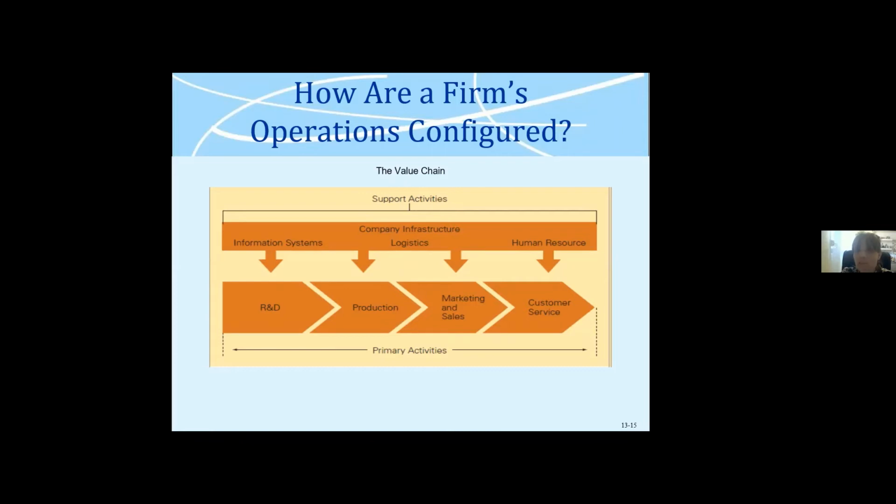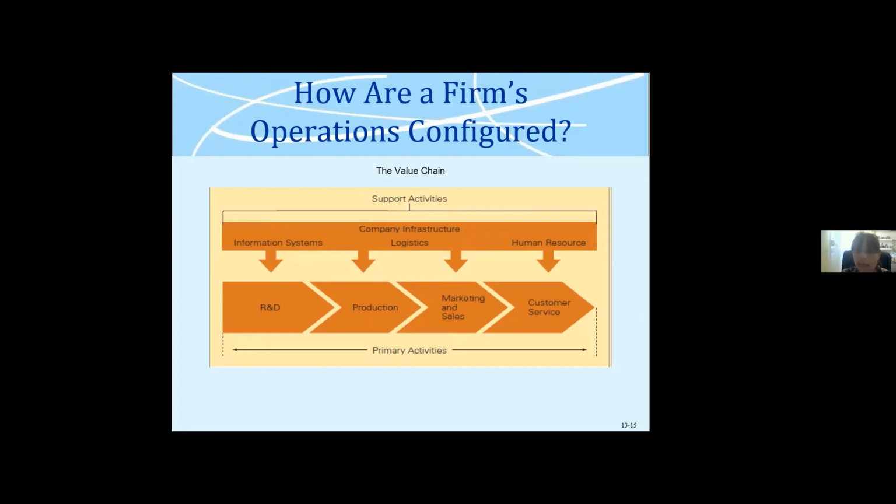If this creates a favorable impression of the firm's product in the minds of customers, they increase the price that can be charged for the firm's product. So marketing and sales can also create value by discovering customer needs and communicating them back to the R&D function of the company, which can then design products that better match those needs.